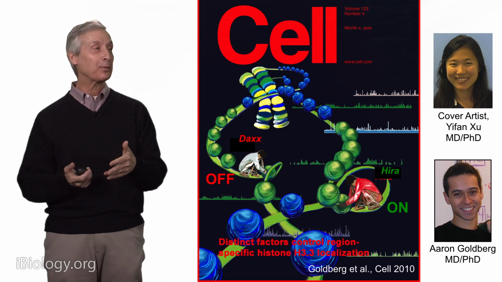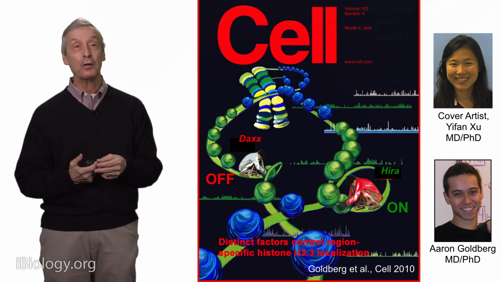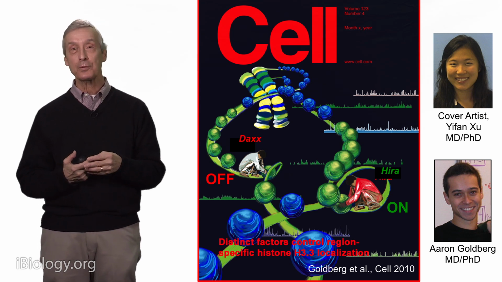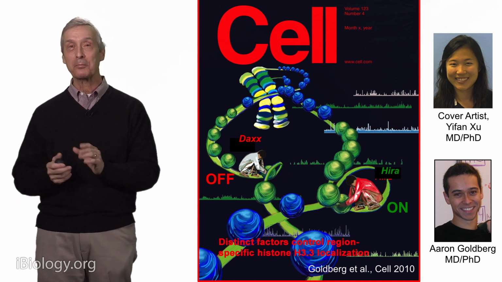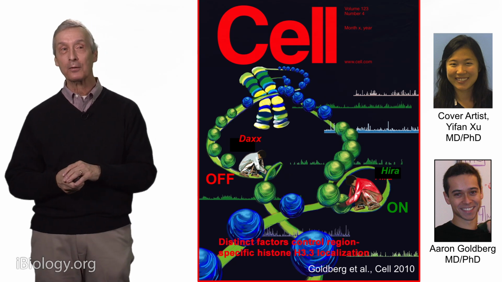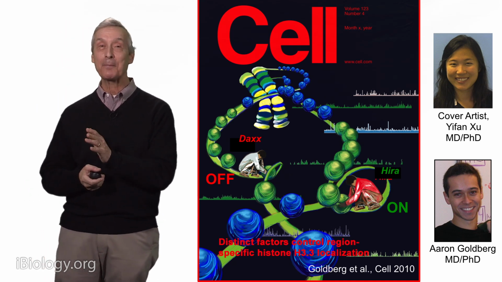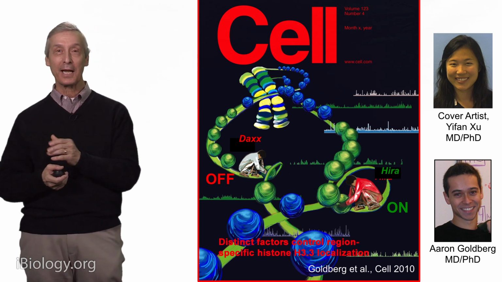What always blew me away was that the woman on the top, Yifan Xu, was also one of Aaron's fellow graduate students in the MD-PhD program, close friends. And much to my surprise, talk about talent with your students, she painted that Cell cover. It didn't get accepted by the journal, so that's the bad news. So it never saw the light of day in a publication.